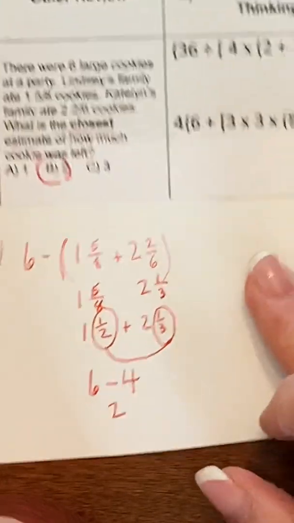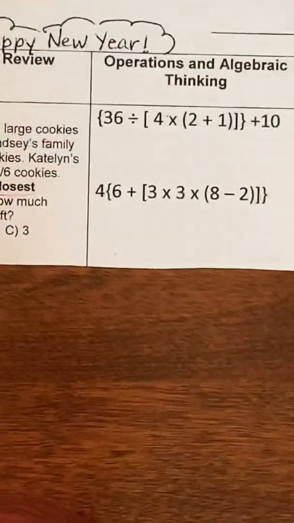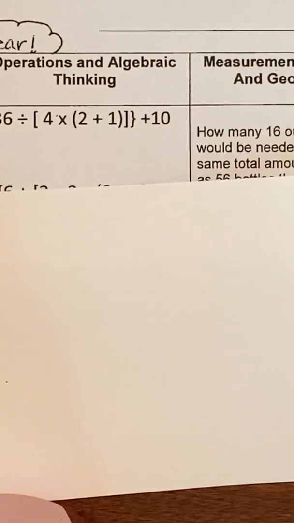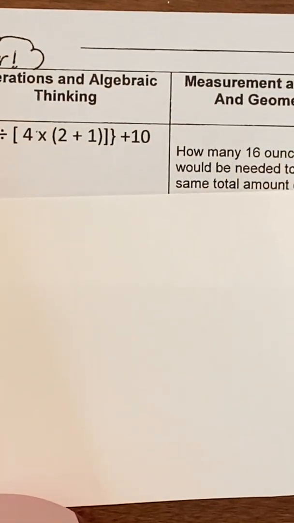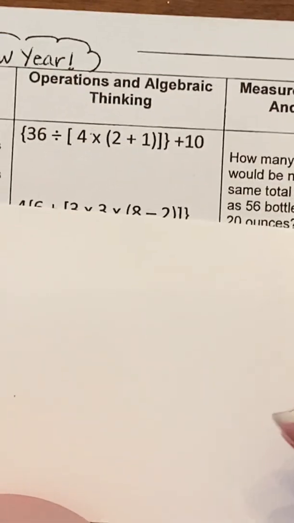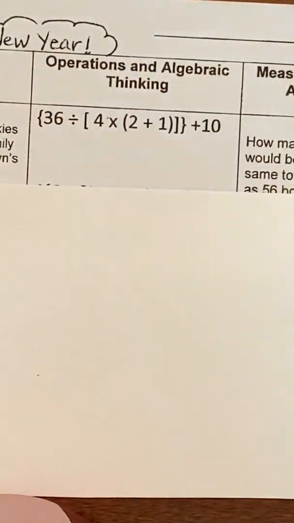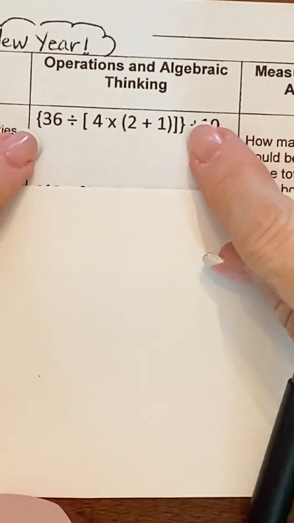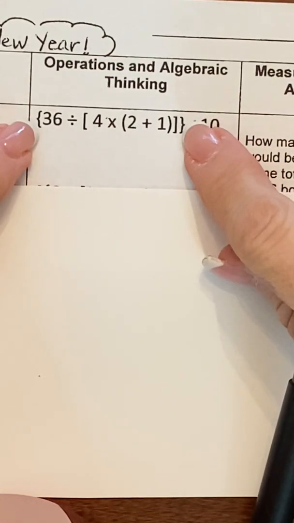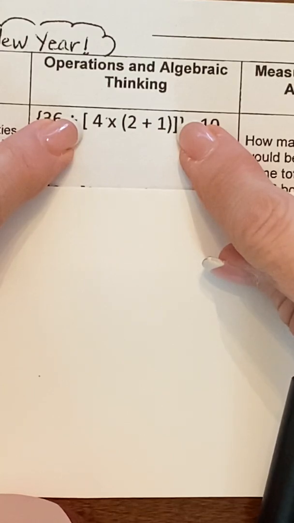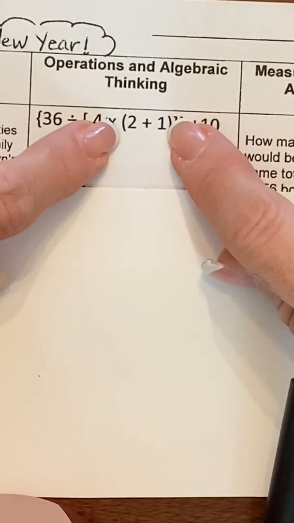So let's move on to the next one. The next one is dealing with braces and brackets. I'm going to go ahead and see if I can work this one right there on the paper. There's a lot of fancy drawing on this, isn't it? Well, you look at the braces because they're groupings, and then once you look inside the brace, and you look inside the bracket, and then you look inside the what? The parentheses.